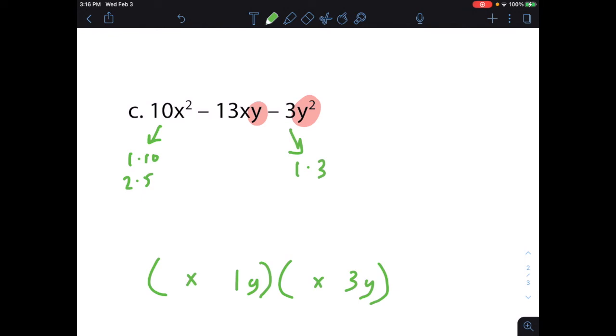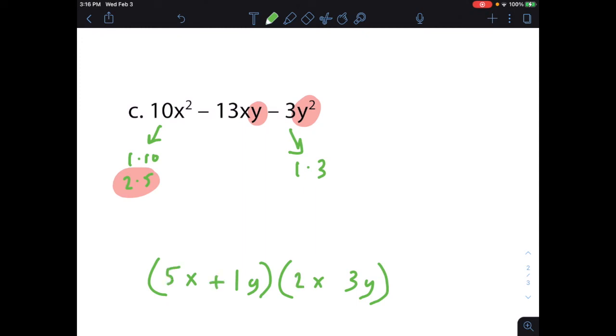I'm kind of feeling like if we do 5 and 2, I don't know if that's going to work. Wait a minute. Yeah, that will work. Let's do the 2 and the 5 first, and hopefully you'll see what I'm talking about. So we're going to plug in the 5 here and the 2 here.